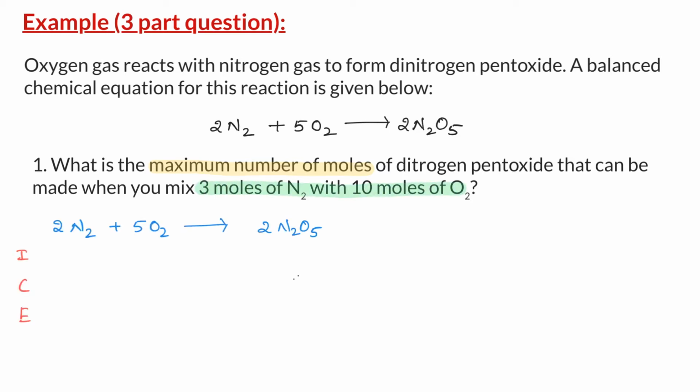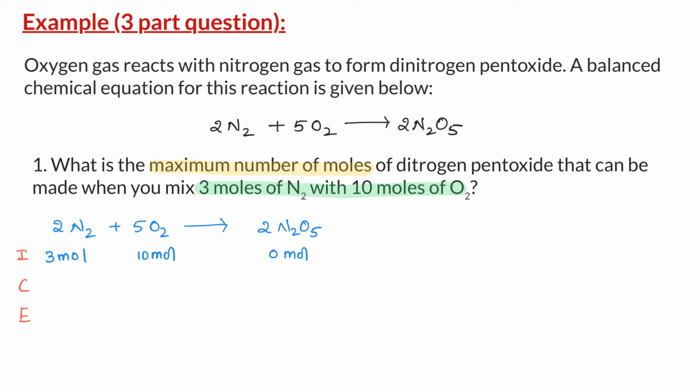Let us set up the reaction table or ICE table. We can also do this problem without the reaction table. At the beginning, we have 3 moles of nitrogen and 10 moles of oxygen, and we do not have any product formed yet. That is 0 moles of N2O5.